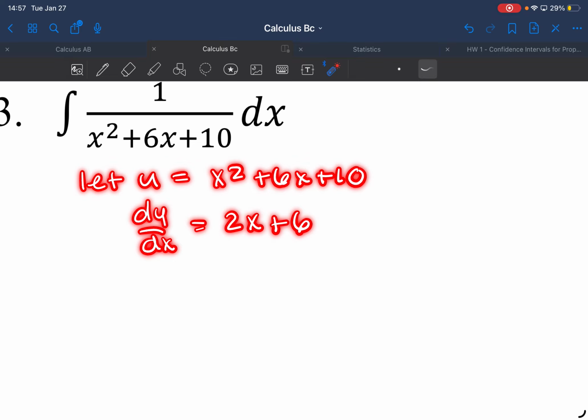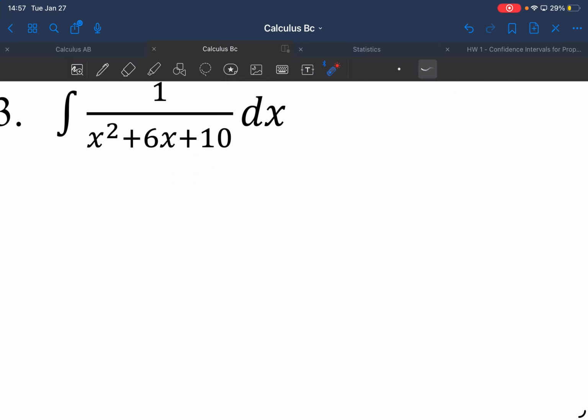So are we left with x values? Yes. Okay, so if I was to plug this in, this would be 1 over u du over 2x plus 6, something like that. Are we able to integrate if we have two variables there? No, so that should be your clue that u substitution does not work.